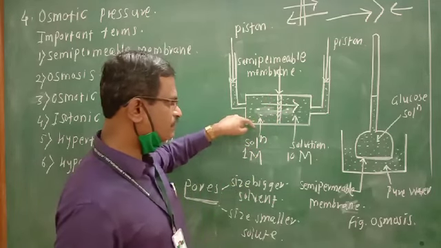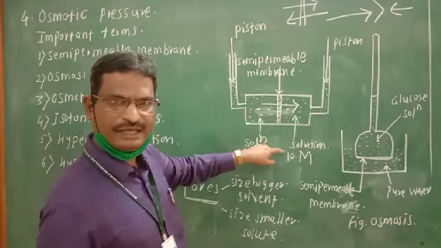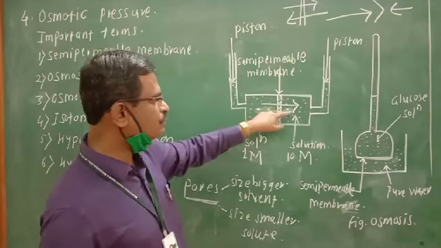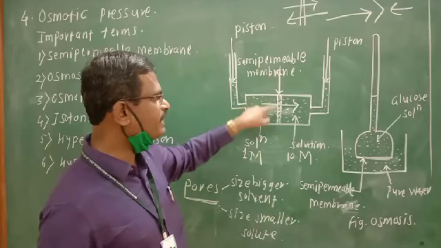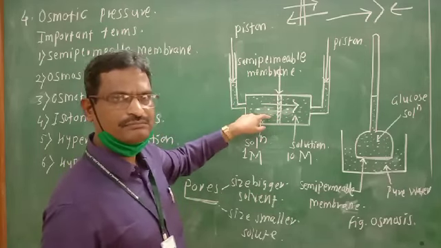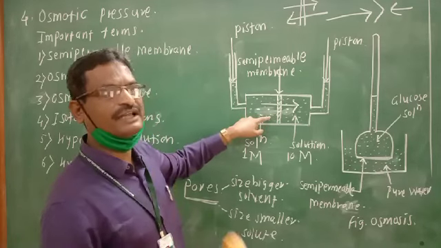Here is a solution of lower concentration and here is a solution of higher concentration. These two solutions are separated from each other by a semi-permeable membrane. At this time also osmosis takes place.